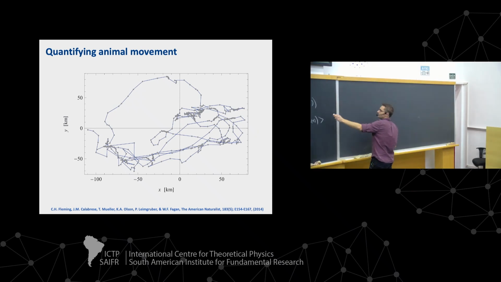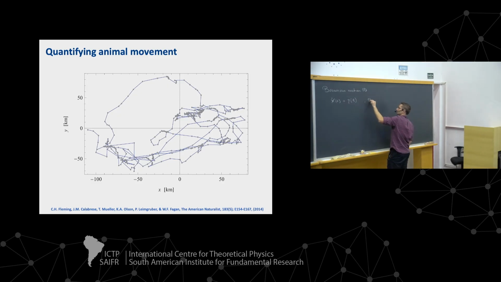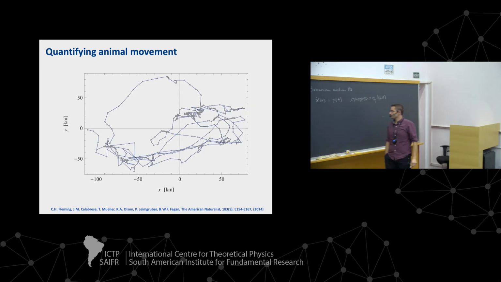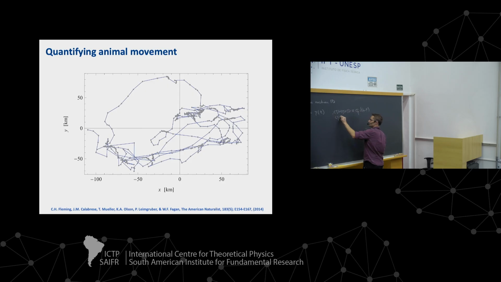So let's practice these definitions a little bit. Imagine that I have Brownian motion in 1D, that I can define by this Langevin equation, with these two-time correlation function, and of course the mean is going to be 0. I already told you that I don't care about means.